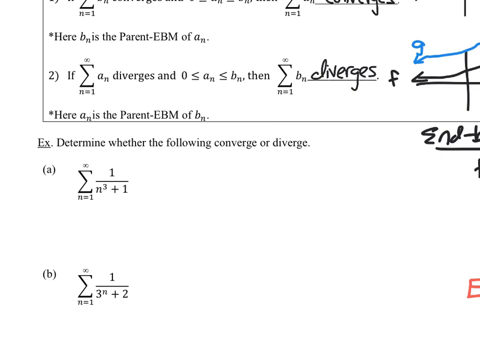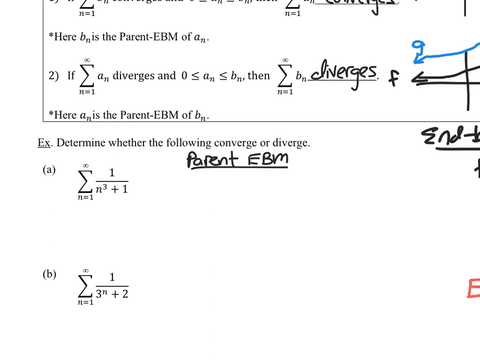All right, so what we have here is something that looks like it's almost a p-series, except for that plus 1. If you're using the integral test, you look at it and say, okay, that looks like it might be fun.